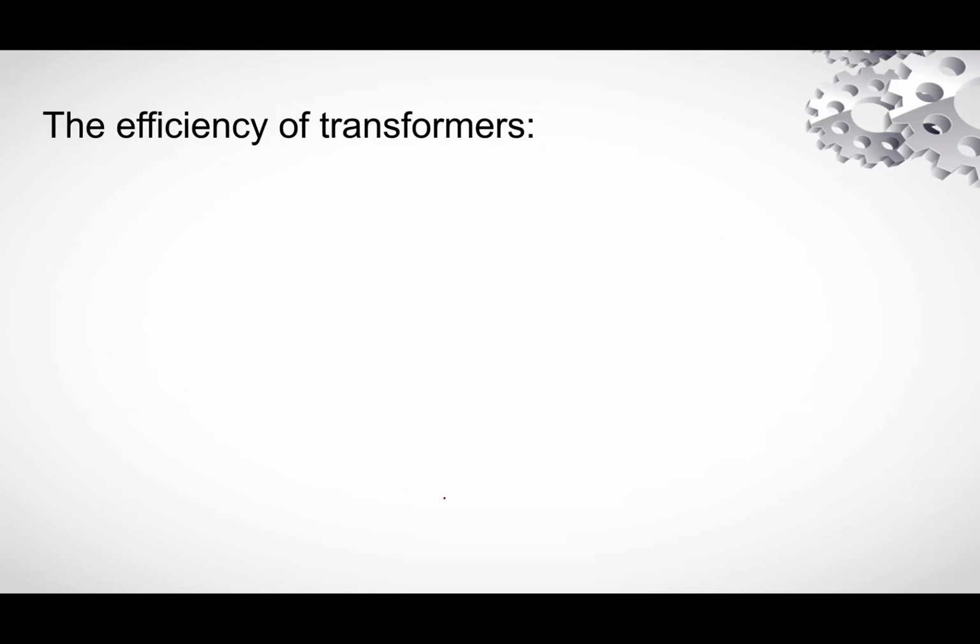The efficiency of a transformer can be explained as that of an ideal machine whose input is equal to output. A transformer is a device which converts low voltage into high voltage and high voltage into low voltage, increasing or decreasing the amount of voltage.